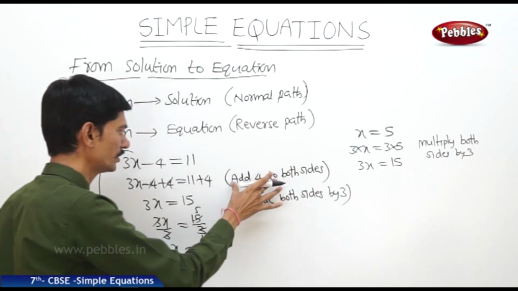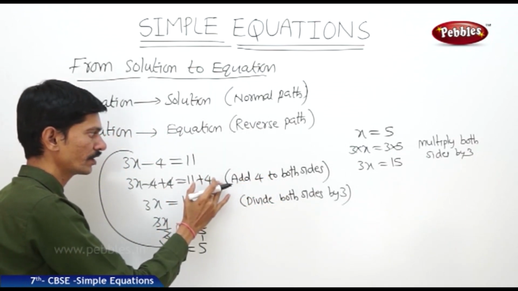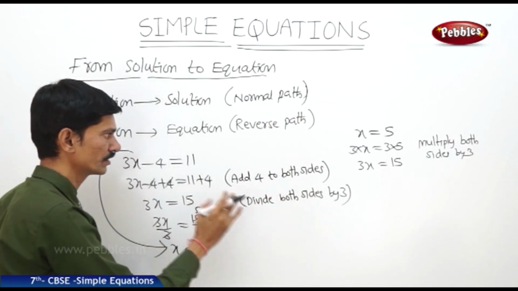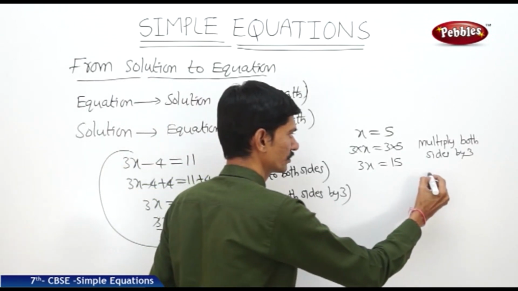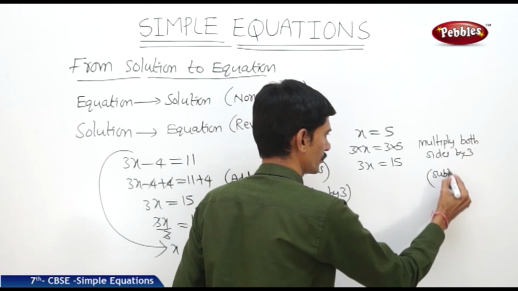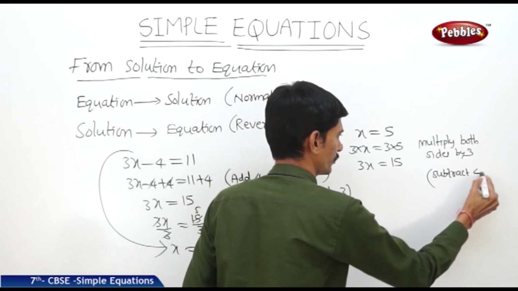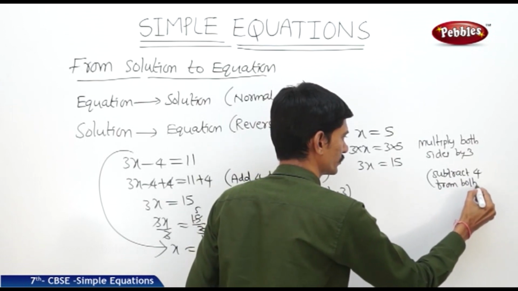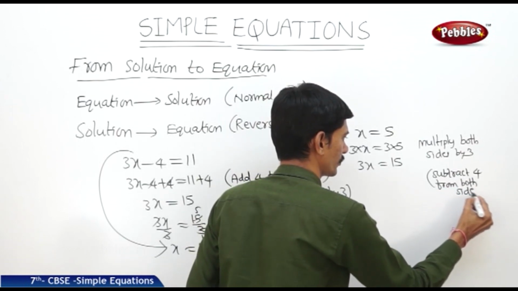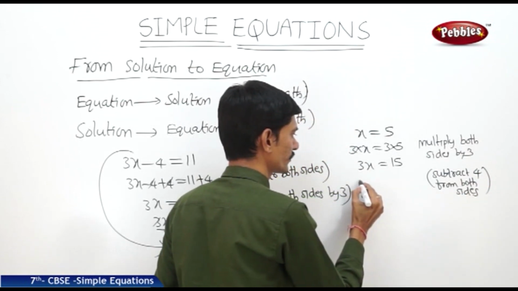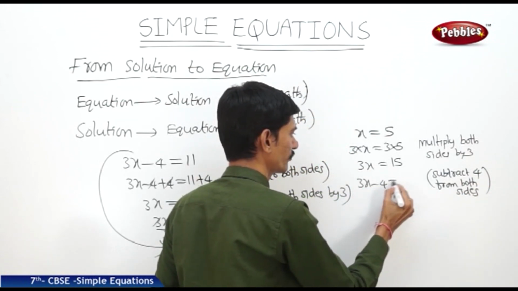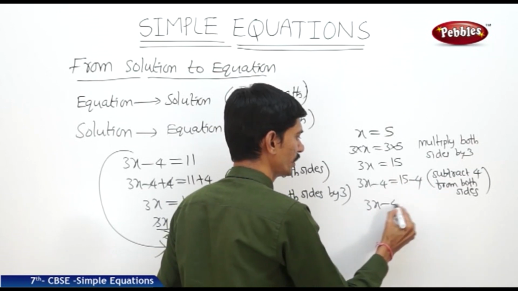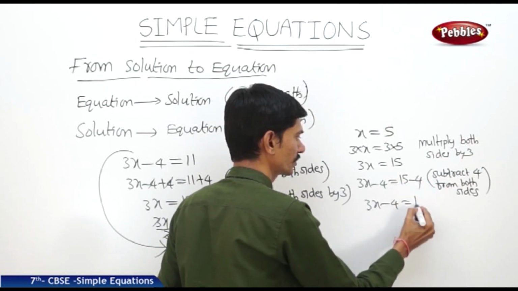Then here we added 4 on both sides, so for the reverse operation, you subtract 4 from both sides, then we get 3x minus 4 equals 15 minus 4, which is 11.